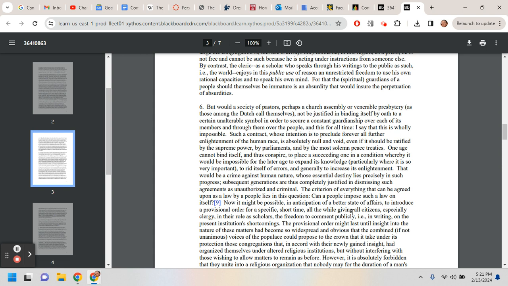He says, but would a society of pastors, perhaps a church assembly or venerable presbytery, as those among the Dutch call themselves, not be justified in binding itself by oath to a certain unalterable symbol in order to secure a constant guardianship over each of its members, and through them over the people, and this for all time? I say that this is wholly impossible.